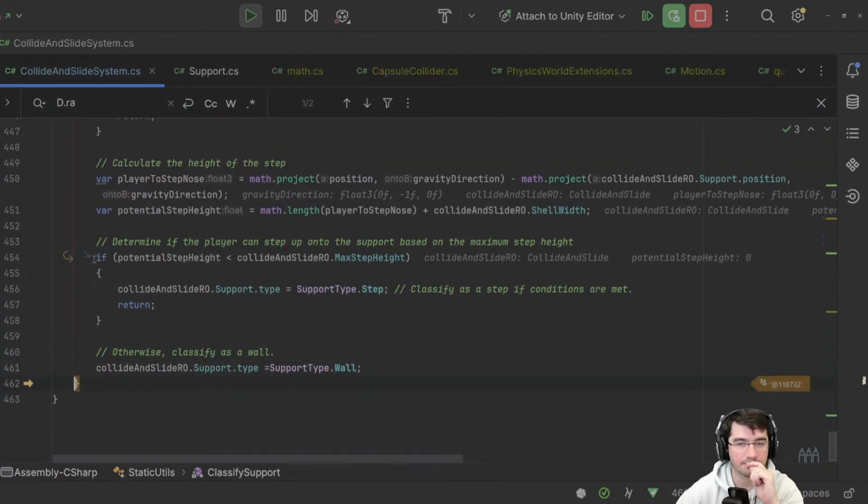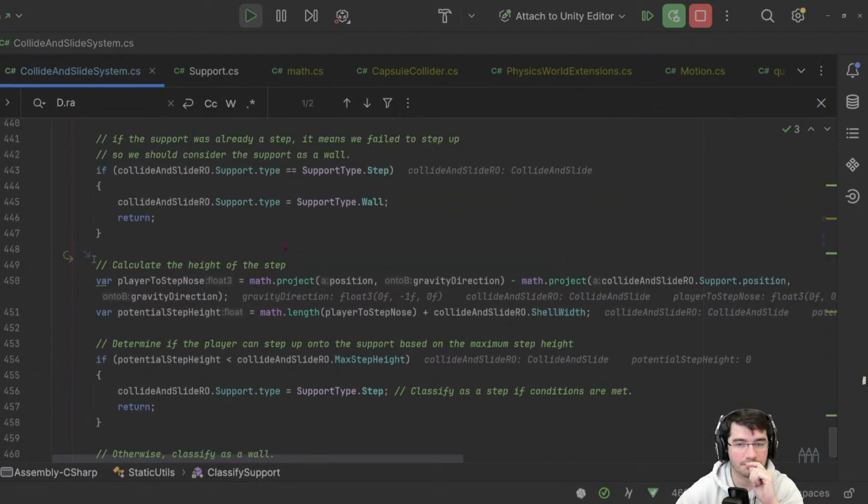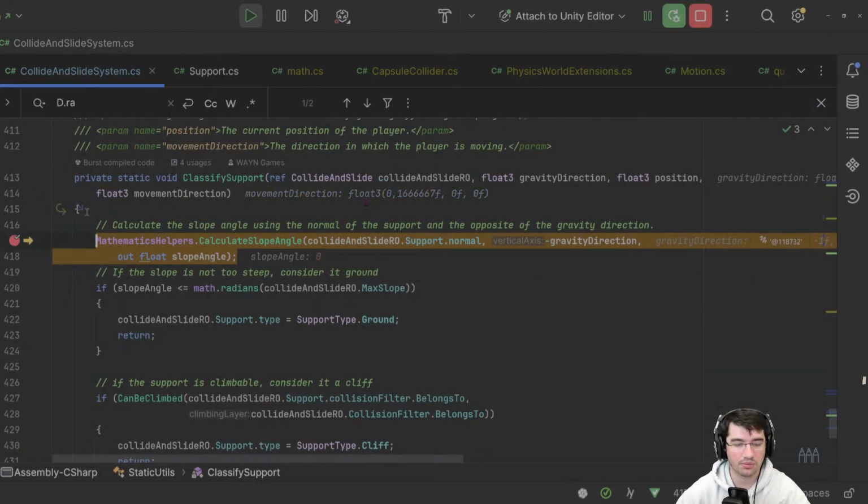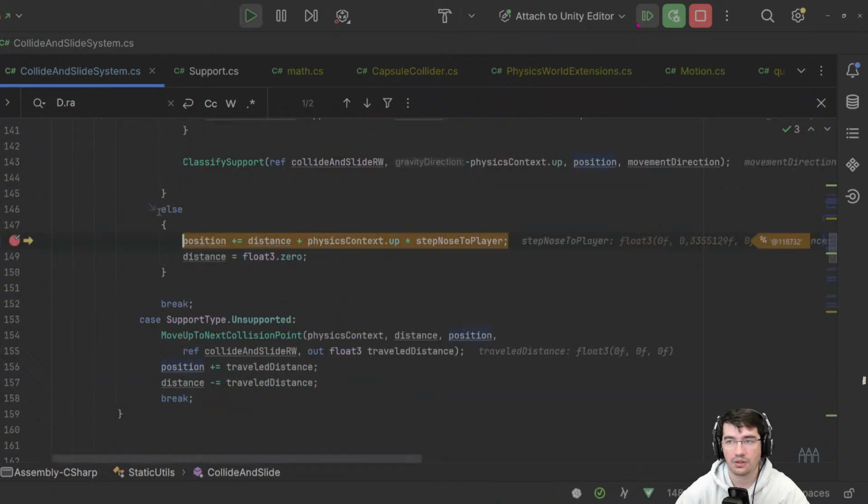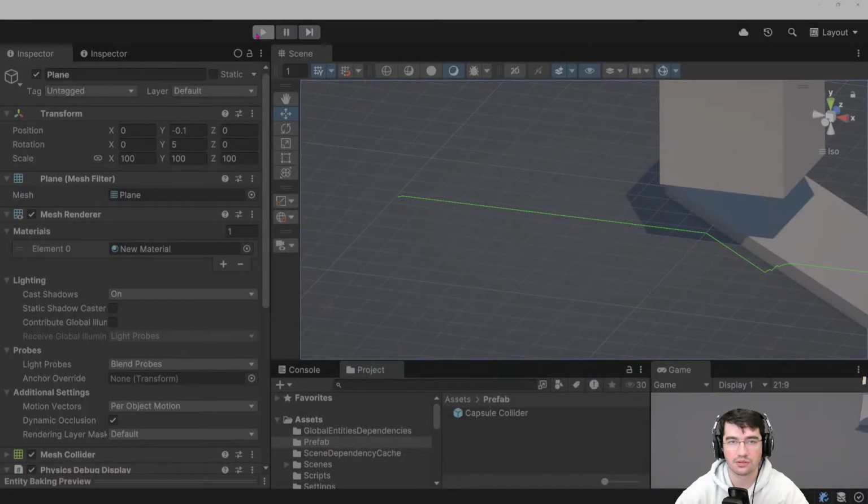So I need to cheat a little bit. Okay. Continue on this one, continue on this one, so I can stop.